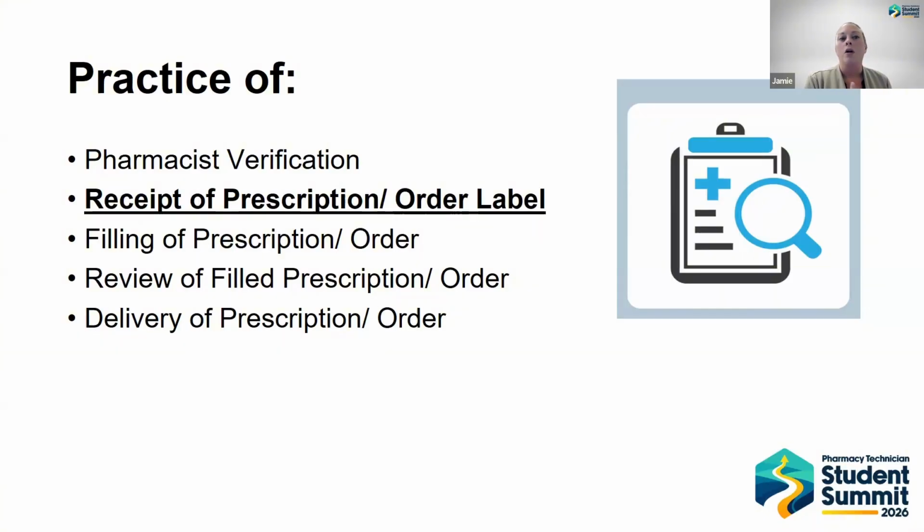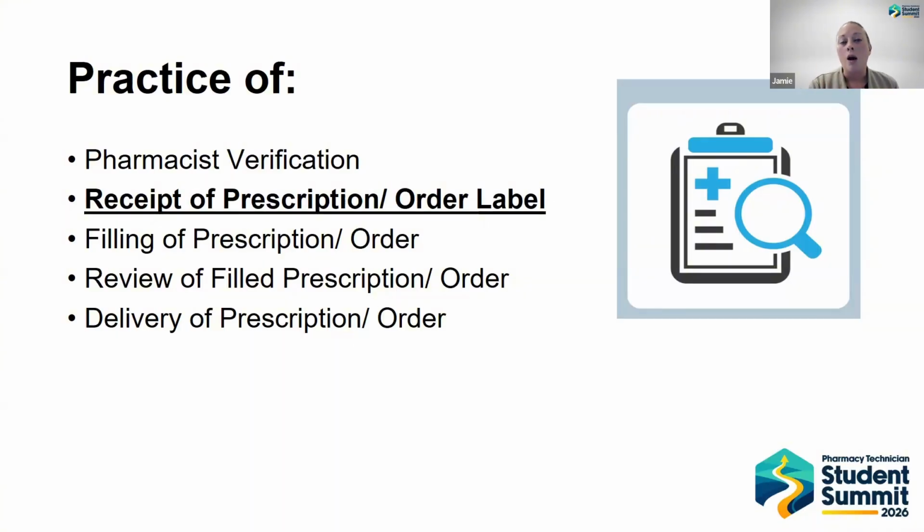A lot of our medication labels and order labels now come with all of the information that we could potentially need, including opportunities for auxiliary labels, opportunities for calculations. So as our technology and our software grows, so does the information that's provided to us.